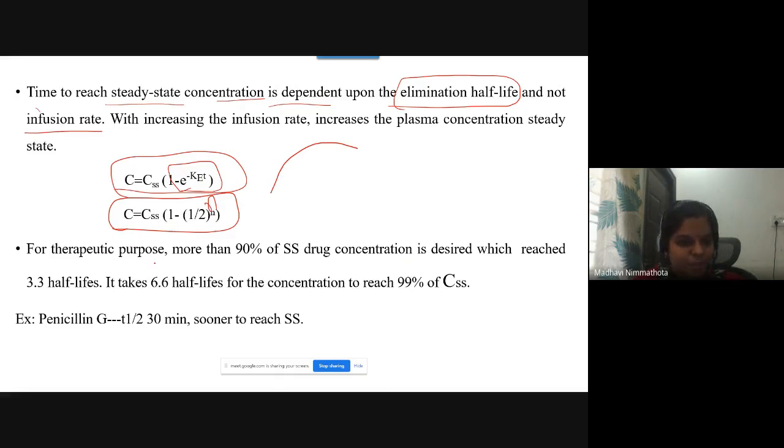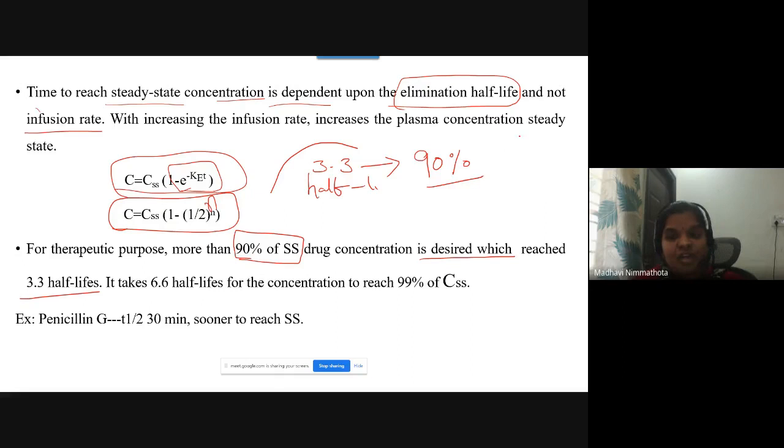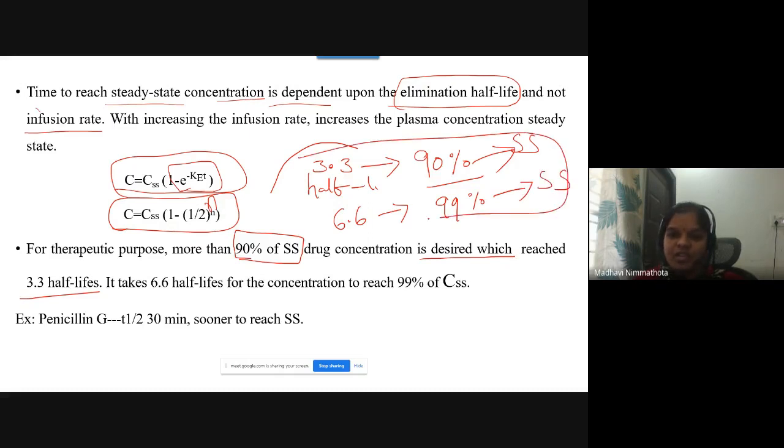For therapeutic purposes, more than 90% of steady state concentration is desired. See, this is reached at 3.3 half-lives. If you want to reach 3.3 half-lives, 90% of the drug will reach steady state. If you want 6.6 half-lives, 99% will reach its steady state. This is the meaning of this sentence.